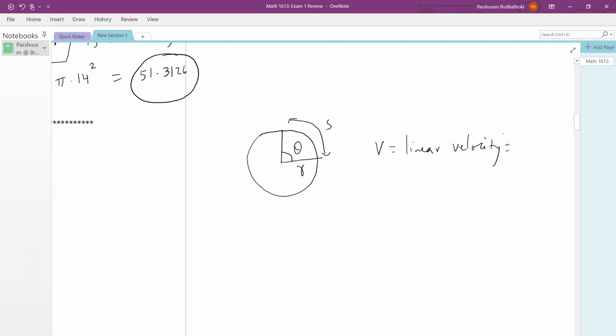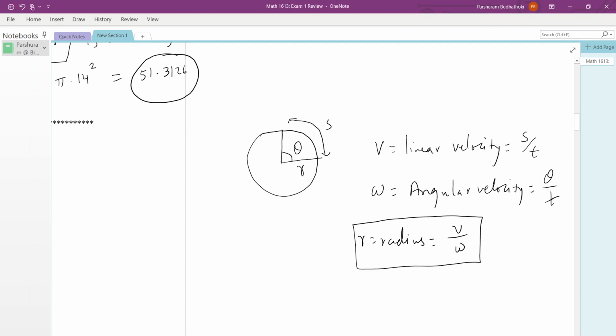Velocity is equal to s over time, which is the arc length by time, how long it takes. Omega is the angular velocity, equal to theta over time. And there is a relation between the radius, the linear velocity, and the angular velocity: the radius is equal to linear velocity over angular velocity.